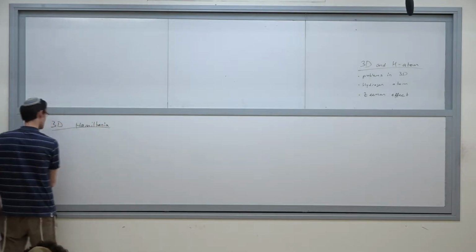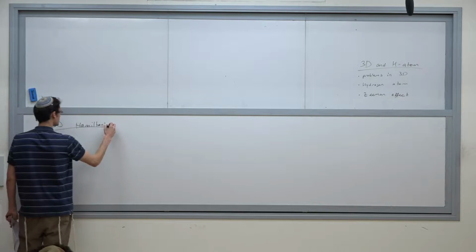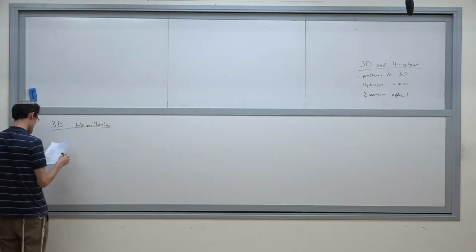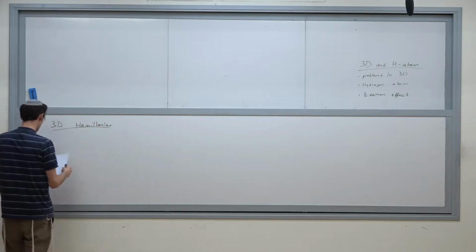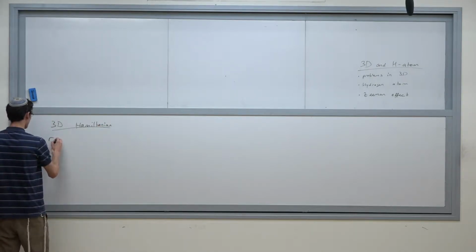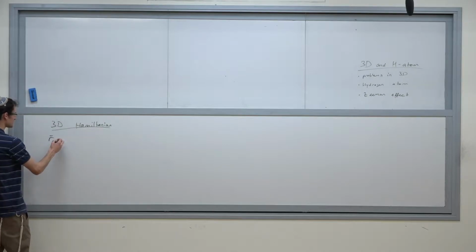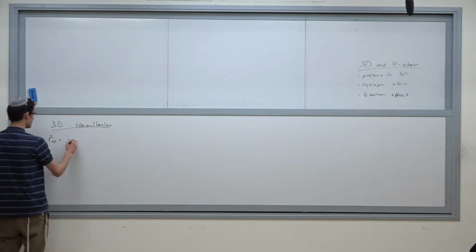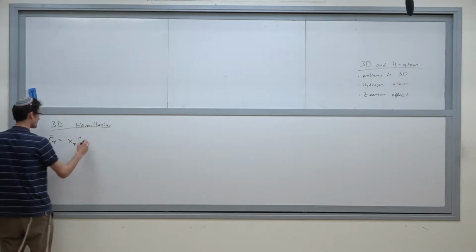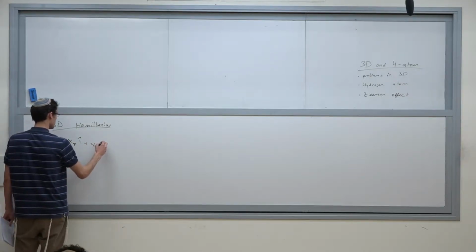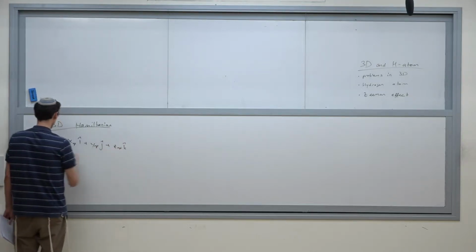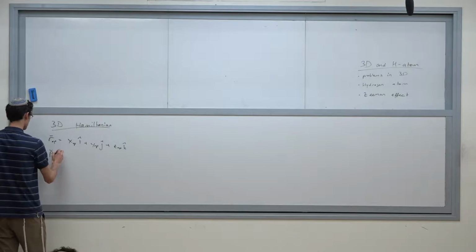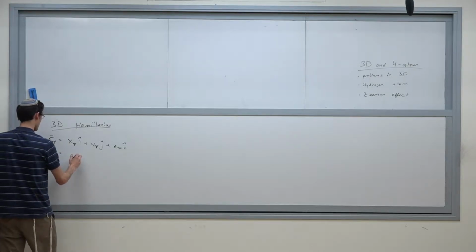3D Hamiltonian. The three-dimensional Hamiltonian consists of three-dimensional operators, and I just want to remind you that a three-dimensional operator, a vector operator, is just a vector of operators. For instance, the position operator R is just the X operator in the i direction, plus the Y operator in the j direction, plus the Z operator in the k direction. Just reminding you of this, it's old stuff.